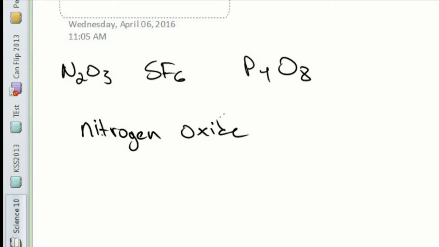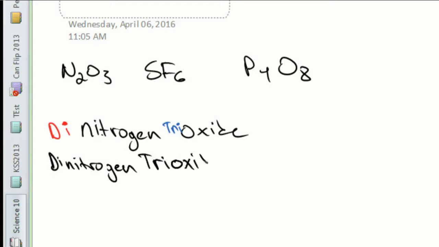How many nitrogens do we have? There are 2 of them. So what is the prefix for 2? It is di. So we have dinitrogen. The prefix for 3 is tri, so trioxide. So I'm just going to write that again. Dinitrogen trioxide. So that's the first one.